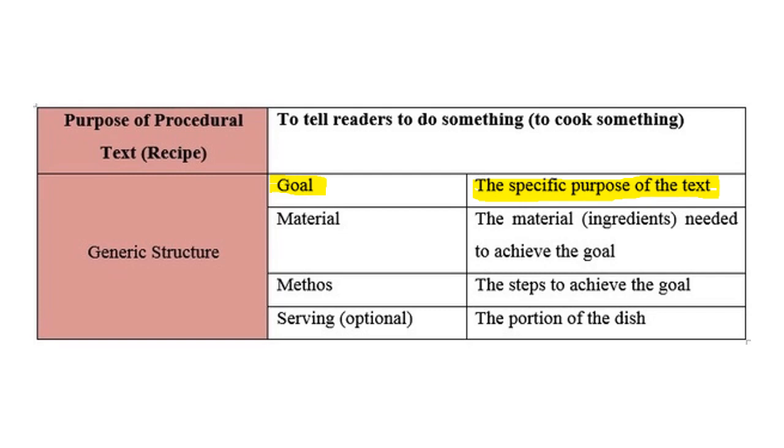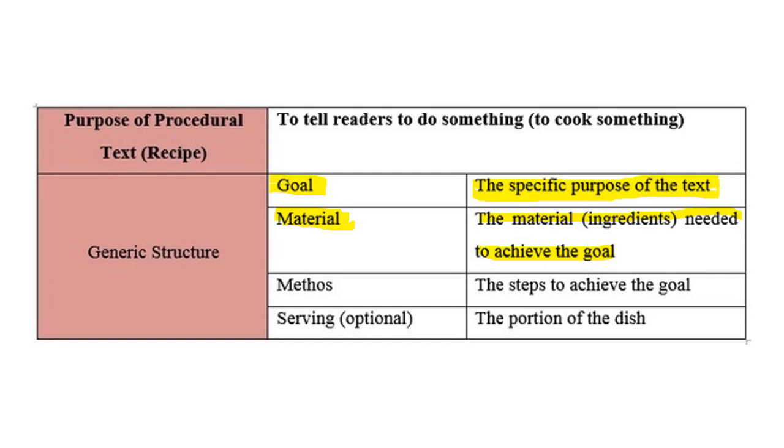Right. Next, we call them material. So material is the ingredient or material needed to achieve the goal. Material, ingredient, alat. Kalau dalam memasak, maka bumbu atau alat-alat yang digunakan dalam memasak yang diperlukan untuk mencapai tujuan tadi. Tujuan kita memasak, maka alat-alat dan bahan yang digunakan dalam memasak.